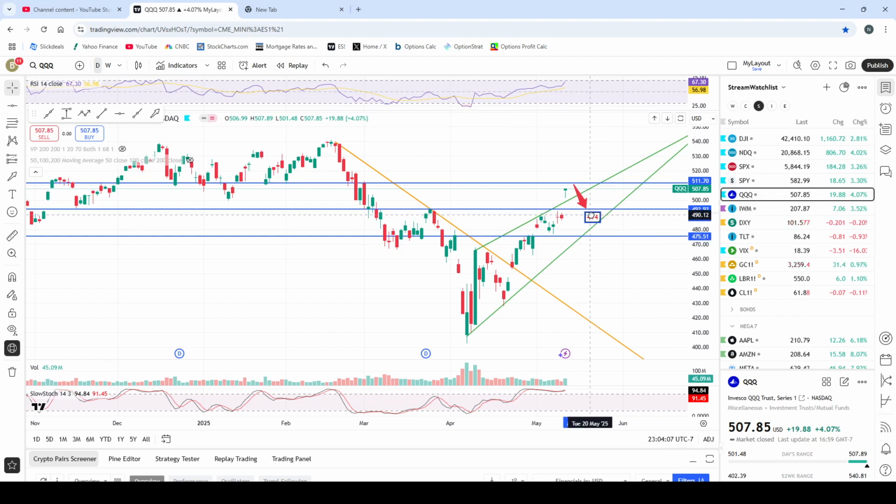Next, I would say within a week, and maybe here 475 in a couple weeks, like 10 days to a couple weeks, because it's already overbought and it also needs to retest the previous high.